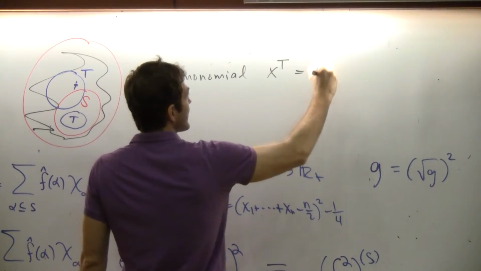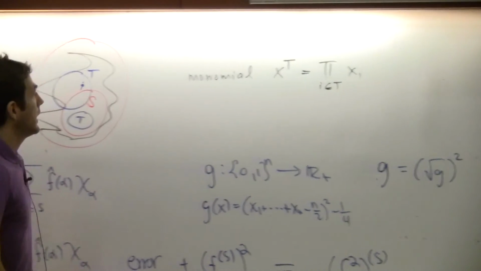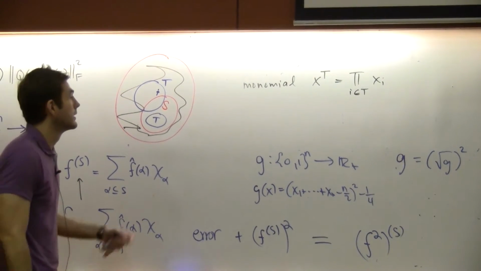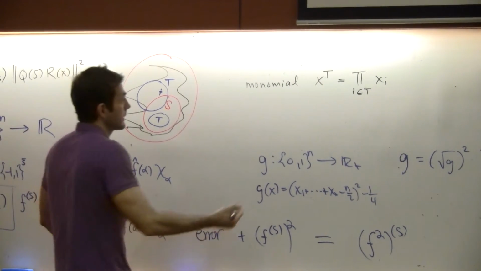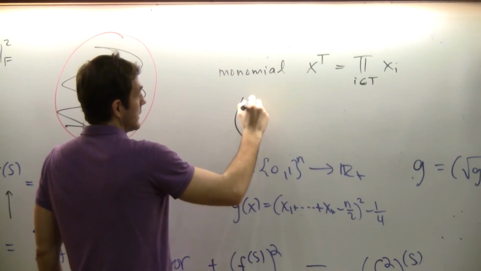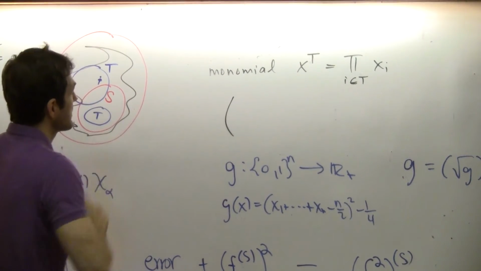By the way, by this I just mean the product over i in T of x_i. And then just, what's the probability it survives?